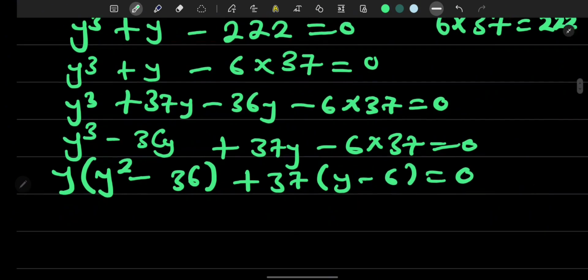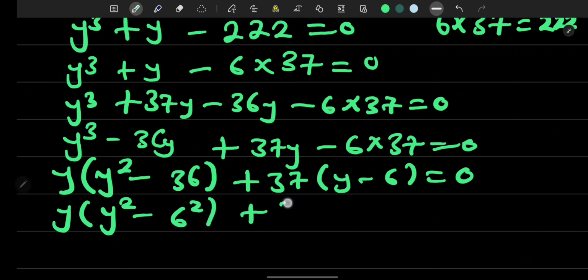All right, so now we've reduced the equation to two terms. From the first term here, where you have y in bracket of y squared minus 36, this can be written as y squared minus 6 squared. Okay, then you have 37 times y minus 6 equals 0.